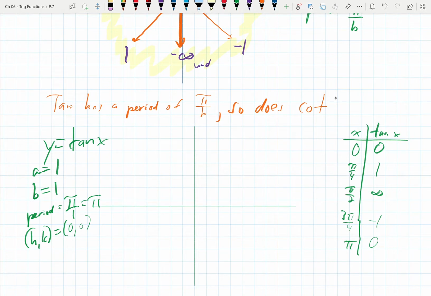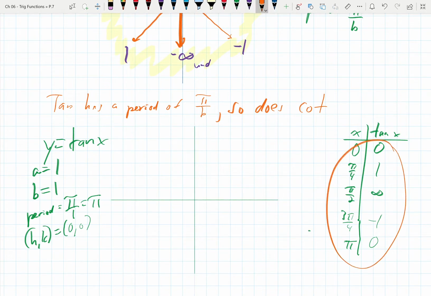So I'll put a grid down, and we're going to graph these points. Since I'm going from 0 to pi and I'm doing it in fourths, I'm again going to use fourths. Starting at 0, 0, moving 4 units to the right will make this be pi.